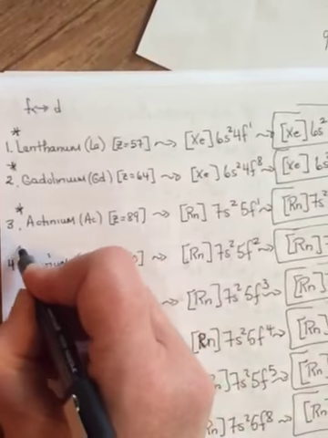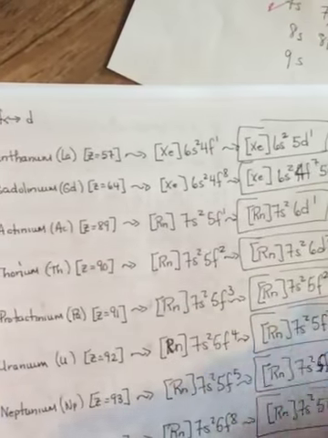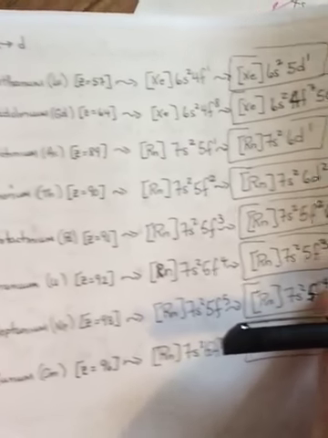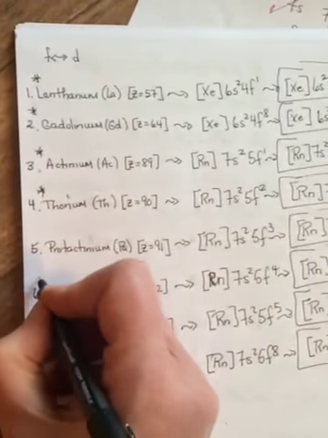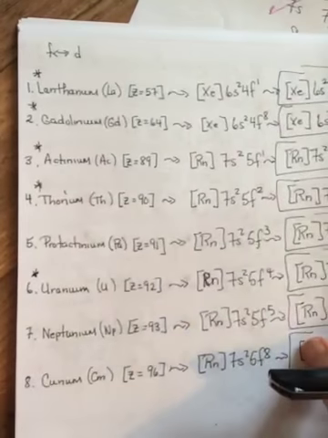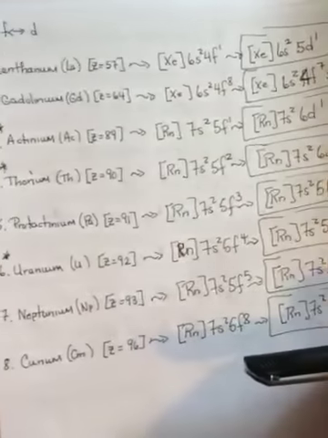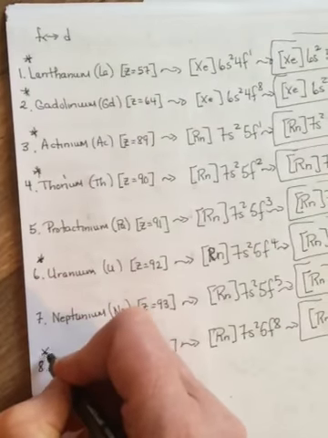This one takes both, so thorium. Protactinium, I wouldn't expect you to recognize. Uranium, if we were in school, I would say yes, just because we're working with it in the next unit. Neptunium, no, but curium, yes, because it's not an exception.